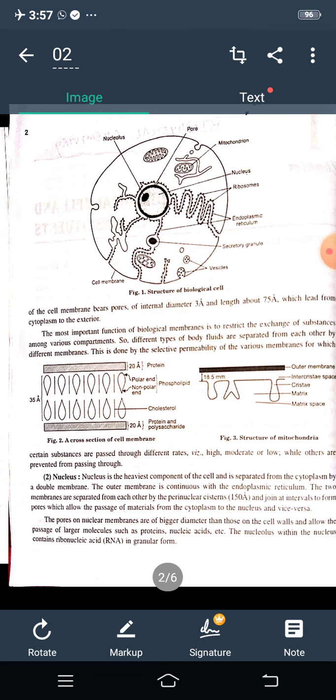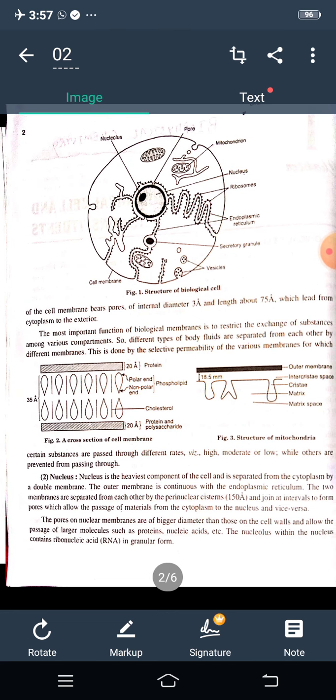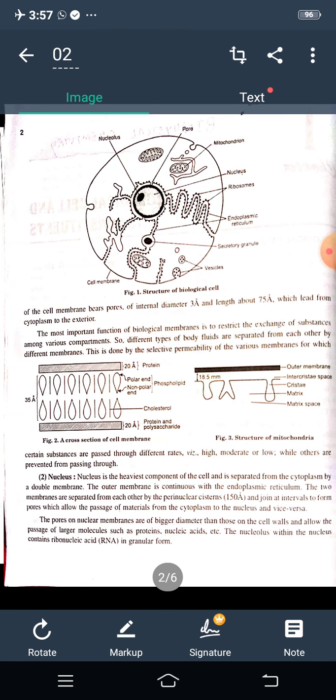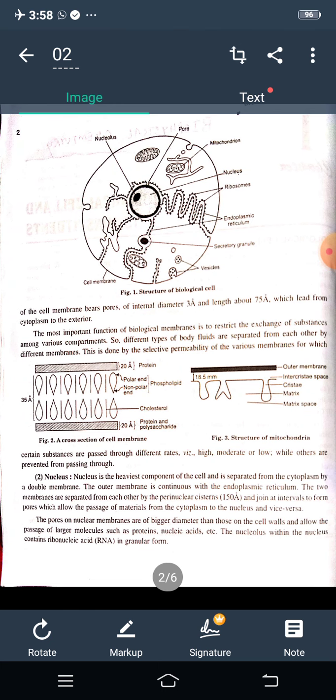Secondly, we can discuss the nucleus. The nucleus is the heaviest component of the cell and is separated from the cytoplasm by a double membrane. The outer membrane is continuous with the endoplasmic reticulum. The two membranes are separated from each other by about 150 angstrom and join at intervals to form pores which allow the passage of material from the cytoplasm to the nucleus and vice versa.